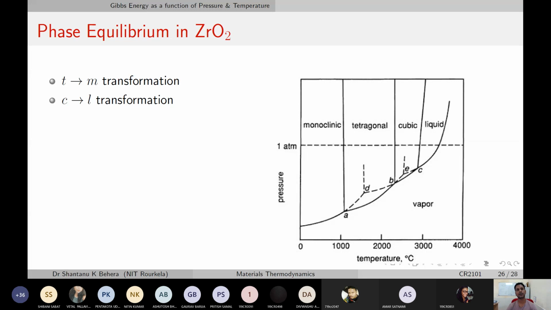You can do some calculations based on the kind of pressure you require to make carbon into diamond.